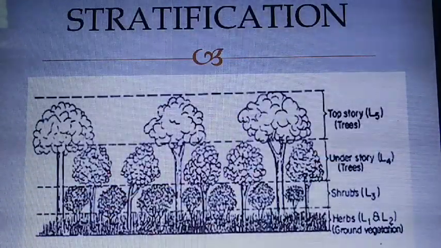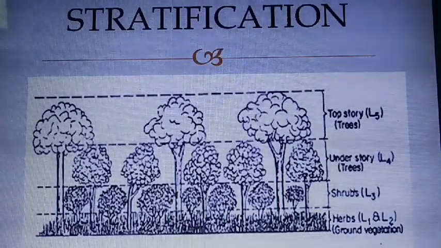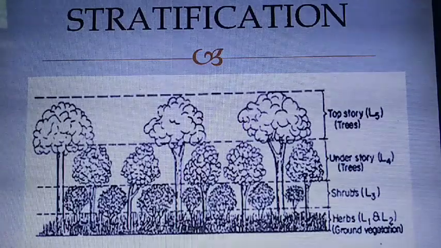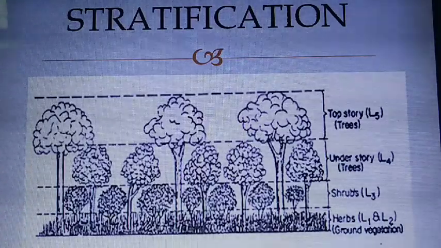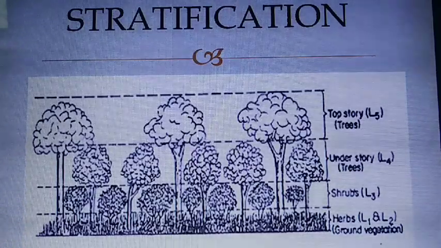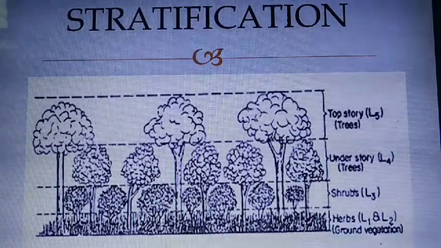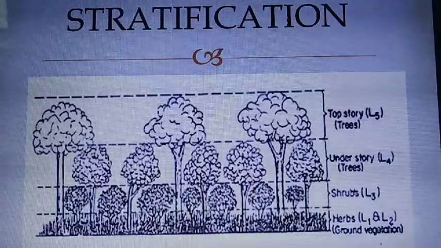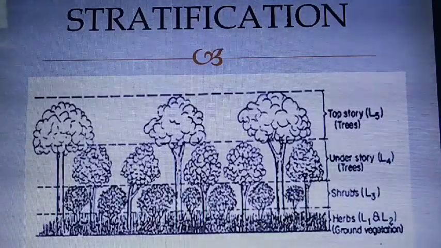Now, there is a term, stratification. It is the way in which plants of different species are arranged in different vertical layers in order to make full use of the physical and physiological requirements.